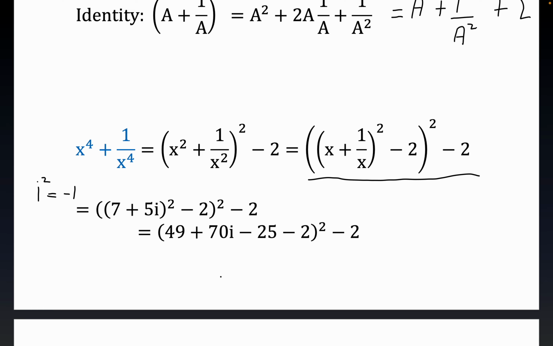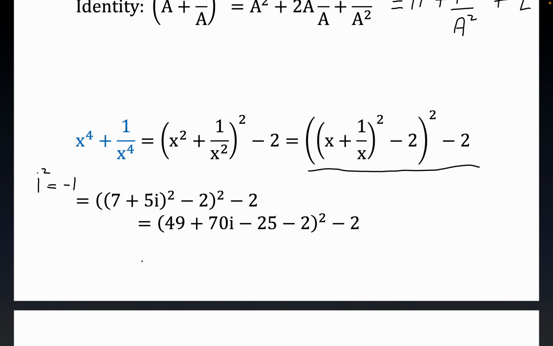Now, let's see, what does this end up being? This would be 49 minus 25, which is 24, and then minus 2 gives 22. So this is the same thing as the quantity 22 plus 70i, squared, minus 2.